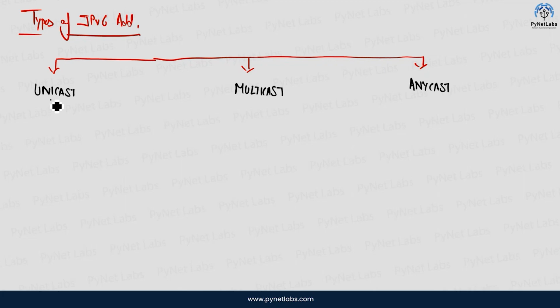Now, when I say unicast, multicast, and anycast, unicast is a normal IPv6 address which can be assigned to any device. But in the unicast specifically, there are three categories. The first category is global unicast.